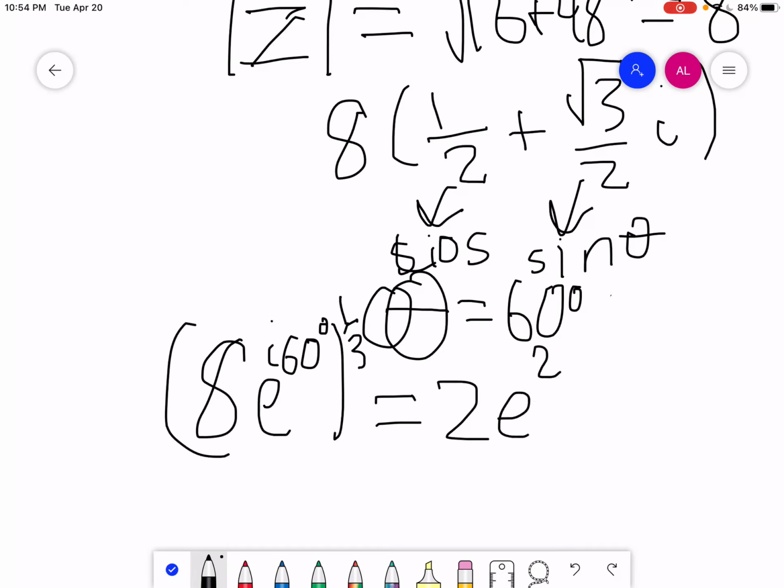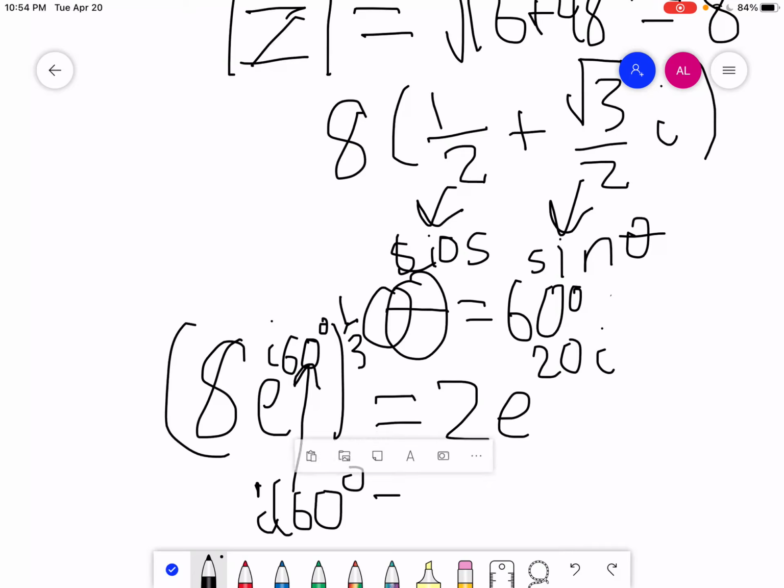Oh wait, something that might be helpful is to write the angle as i times 60 degrees plus 360 degrees times a constant k.